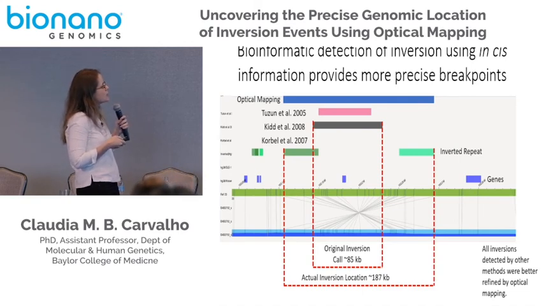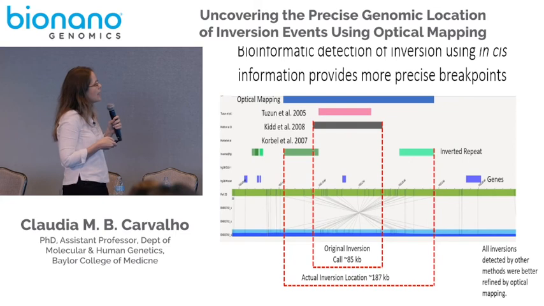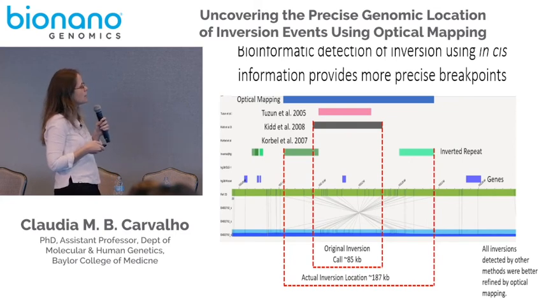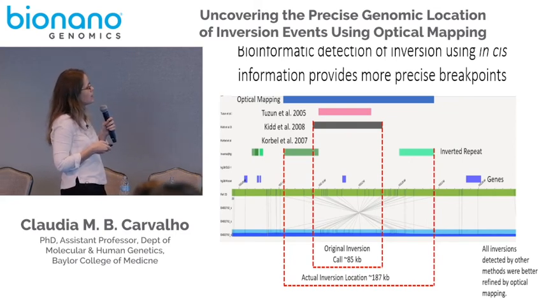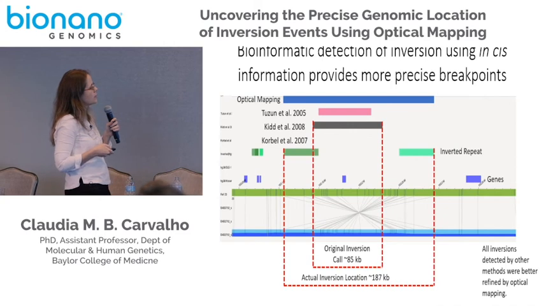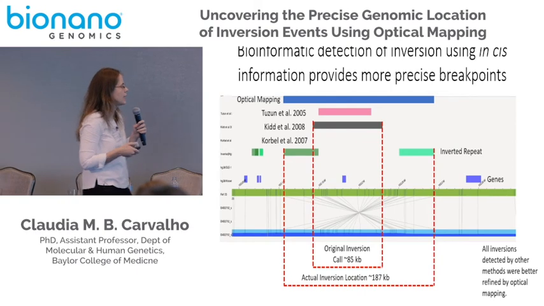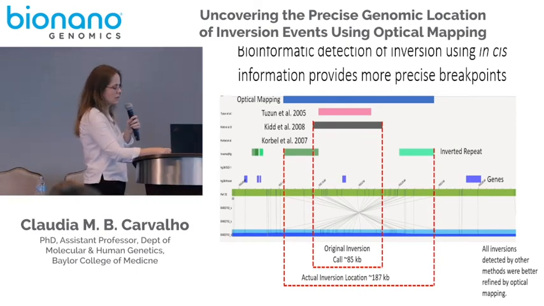We can see that the junction of optical mapping maps in the flanking inverted repeats very nicely. 2Zoom and KID both detect the inversion, but with a different breakpoint junction. So using this, we can precisely compare the original inversion with the location, and there is about 100 kb of difference.